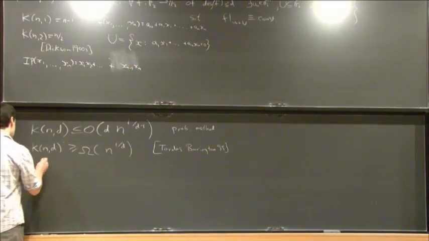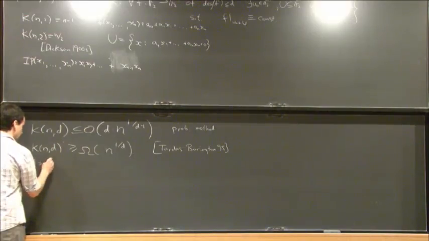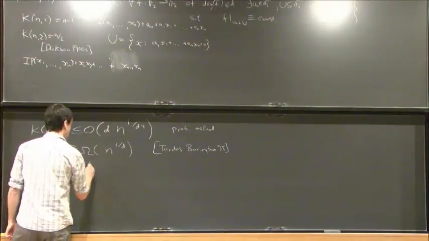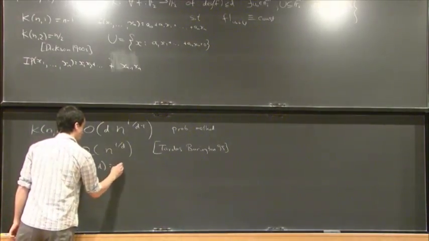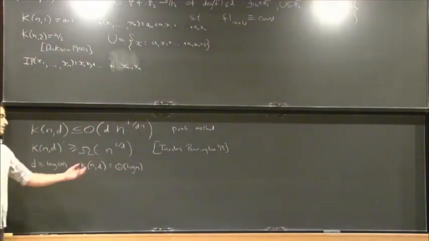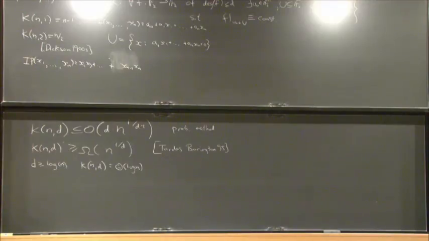So let's just say that if d is greater than log n, it was also previously known that K_{n,d} asymptotically behaves like log n, okay? And actually, something even slightly more precise can be said. In some sense, we are only interested in the case where d is smaller than log n, because this is where interesting things may happen.